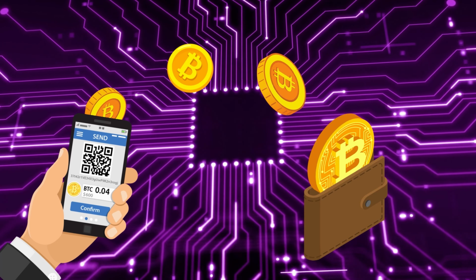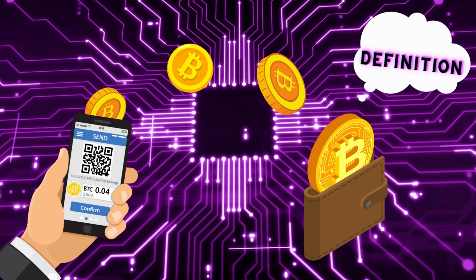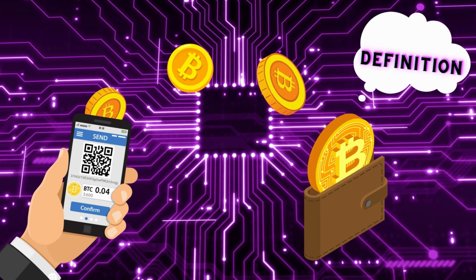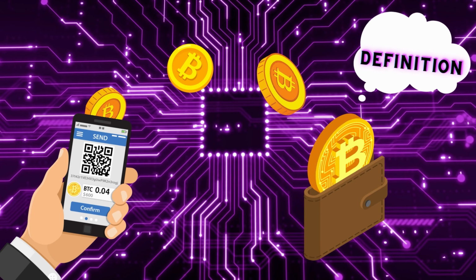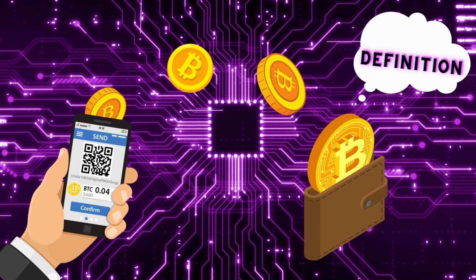Let's start with a basic definition of a crypto wallet. The wallet has been designed so that the user, which means you, can do transactions on the blockchain safely and accurately.